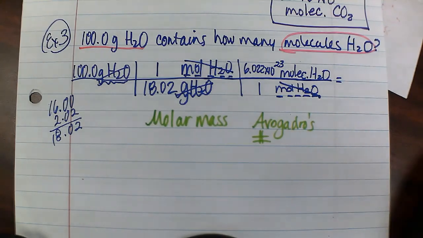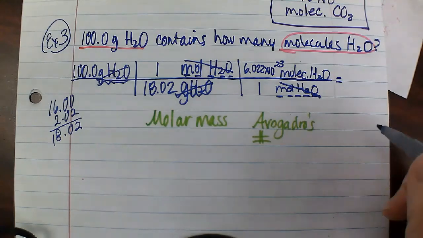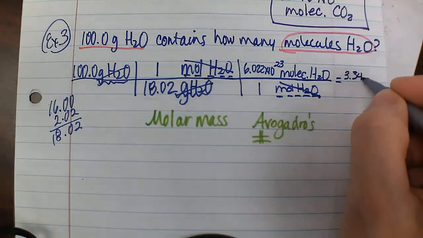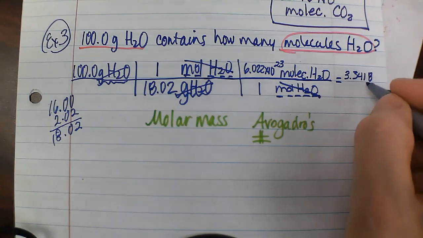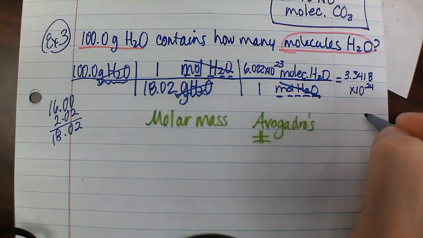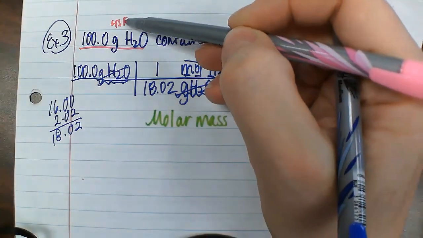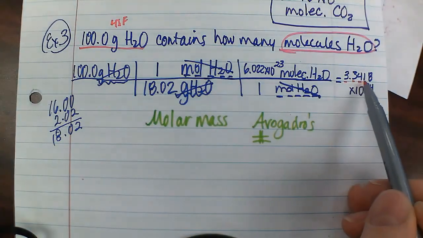Okay, so now here's the math. We've got 100 divided by 18.02 because it's on the bottom, times 6.022 E23, and I got 3.3418 times 10 to the 24th molecules of water. 4 sig figs, 1, 2, 3, 4.